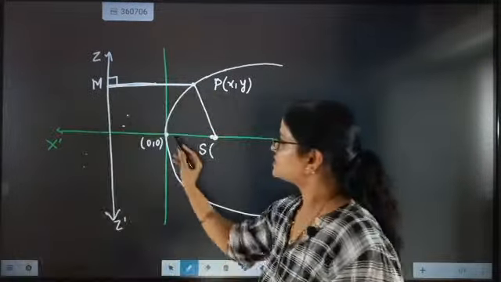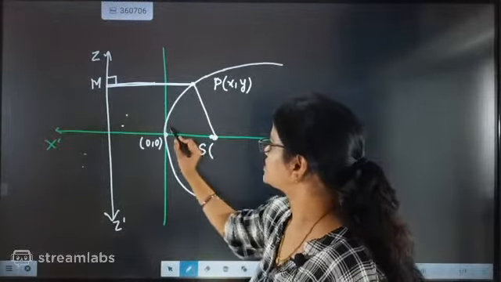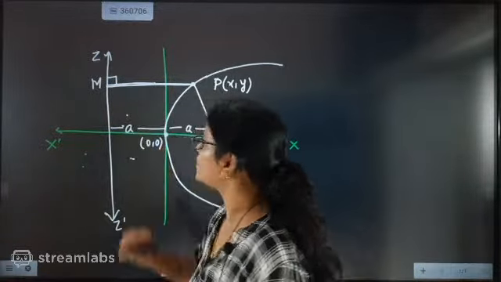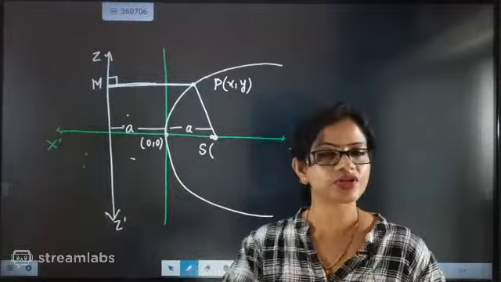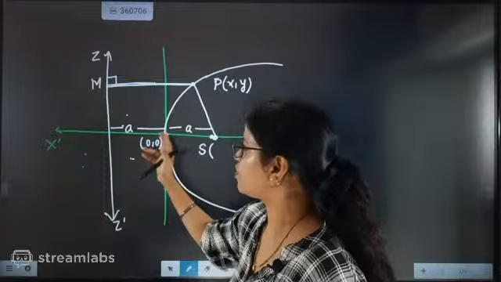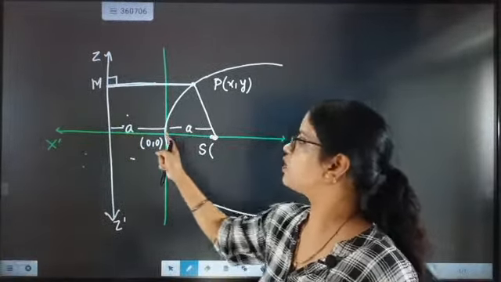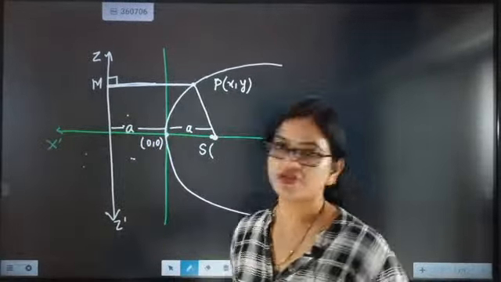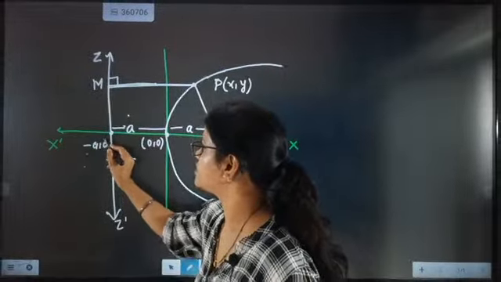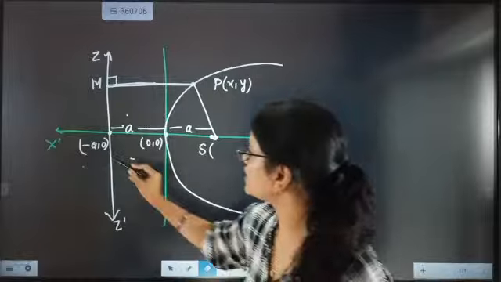Now this distance I am going to take as A. If I take the origin to focus distance as A, then this part will also become A. So this will be equidistant, directrix to focus. The focus to origin and origin to directrix distance will be the same, A. So this point will become minus A comma 0, since it is after the origin.